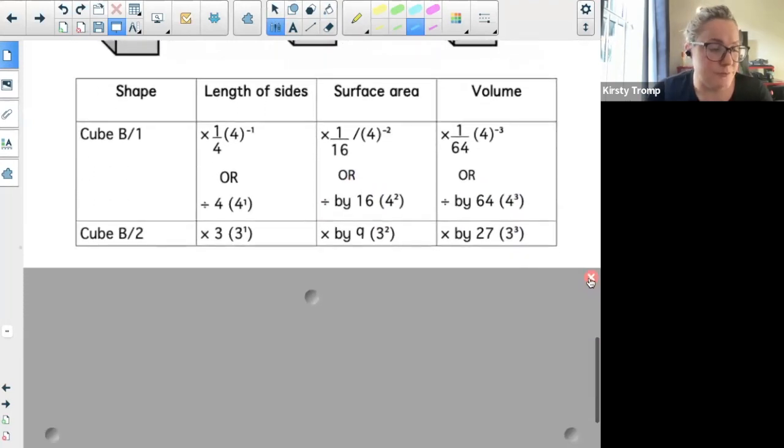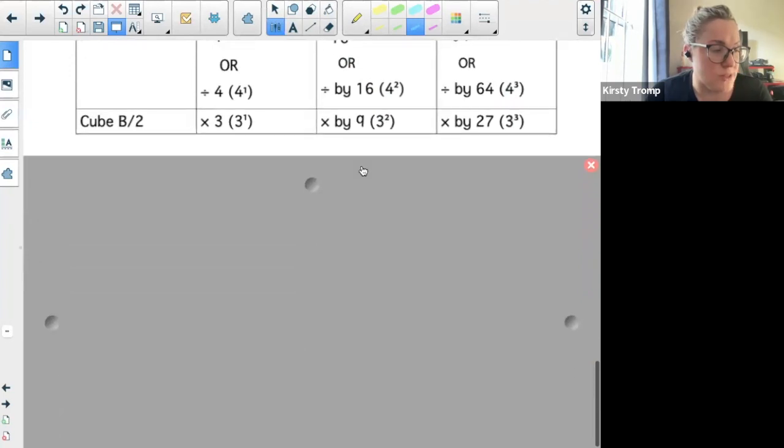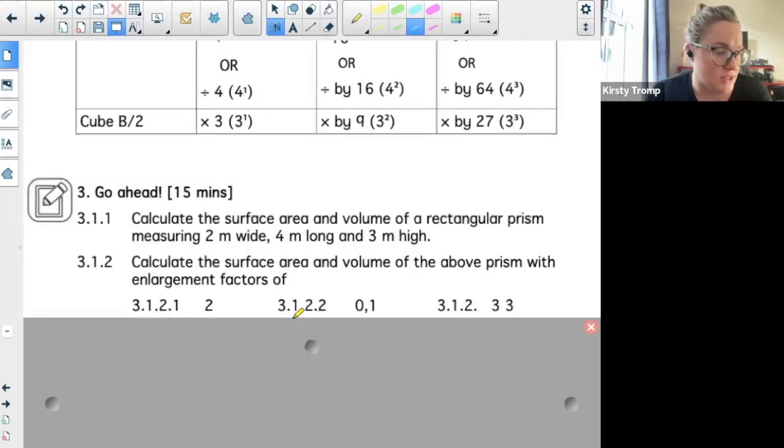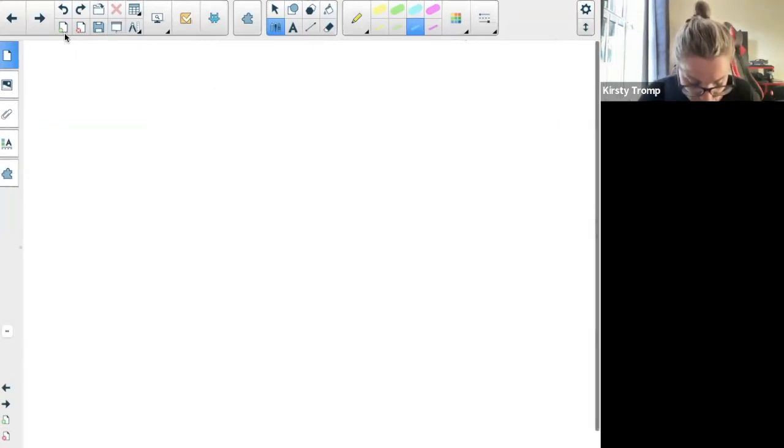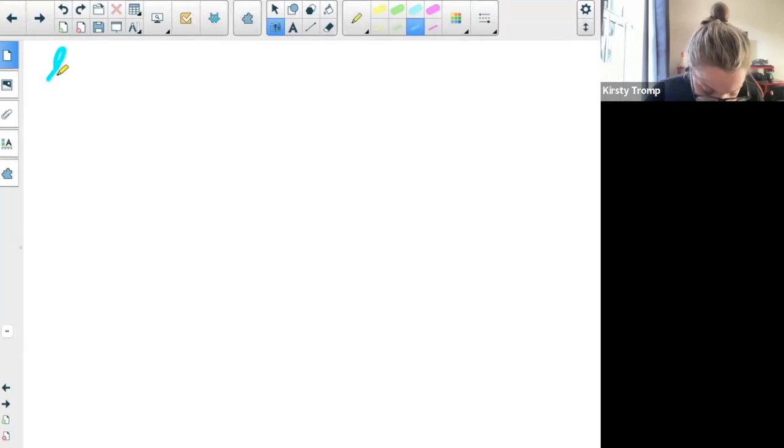So how can we use what we've just learned? The first question says: calculate the surface area and volume of a rectangular prism that measures 2 meters wide, 4 meters long, and 3 meters high. So let's go do that.